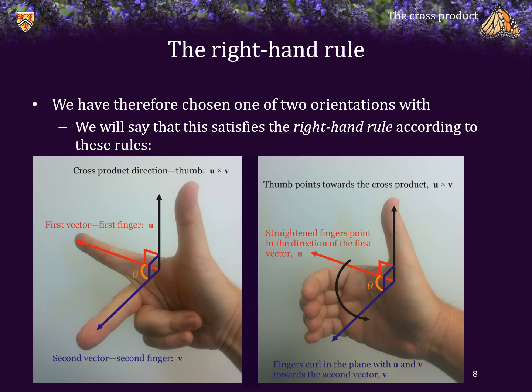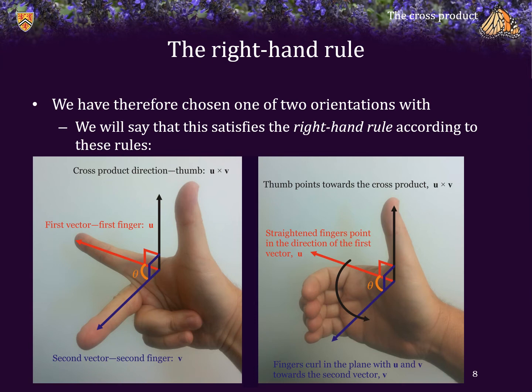Alternatively, if we hold the fingers straight, pointing out in the direction of u, and we then curl the fingers in the direction of v, then the thumb will be pointing in the direction of the cross product.